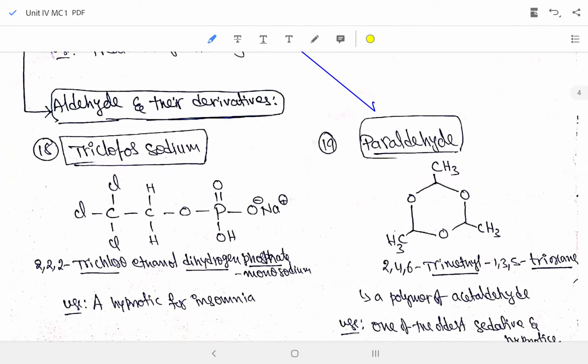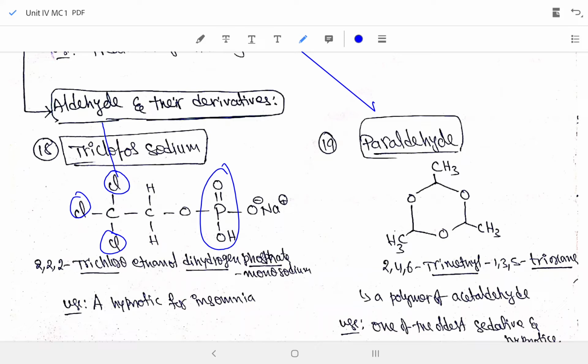Then comes triclofos sodium and paraldehyde, categorized as aldehydes and their derivatives. Okay, if you see triclofos, 1, 2, 3, three chlorines, chloro. Fos, phos indicates there is a phosphate group, sodium.